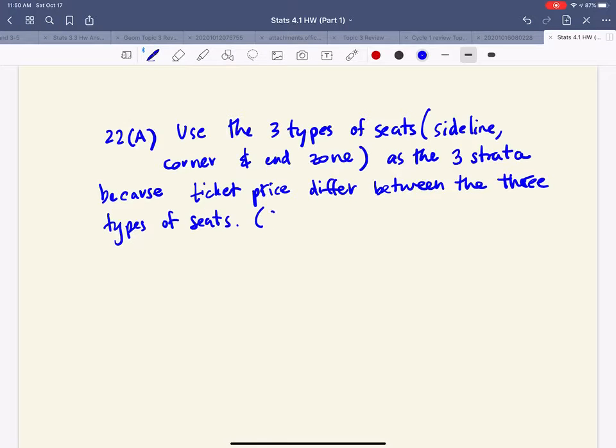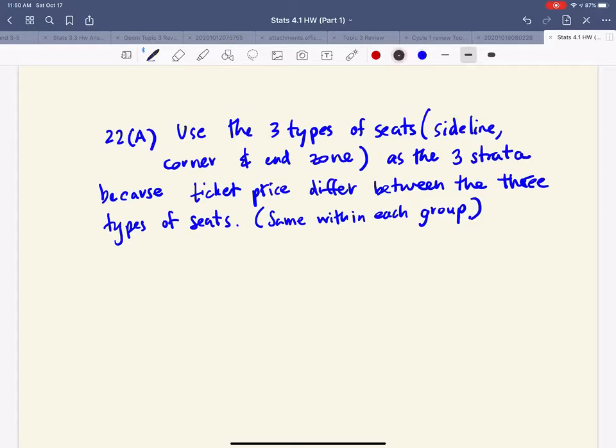We also see that the price is the same within the group. So there's no reason to separate further because within that group they're the same.